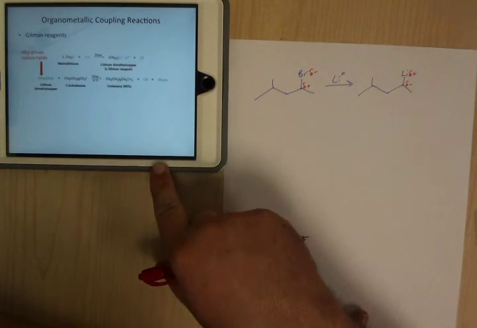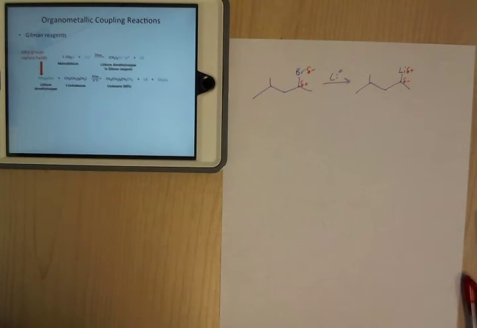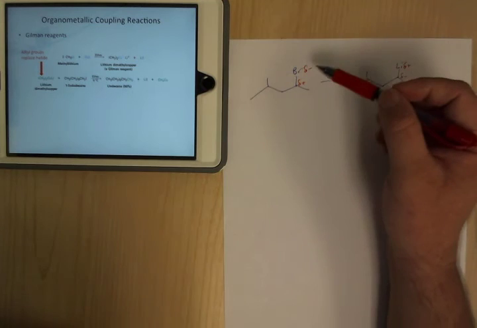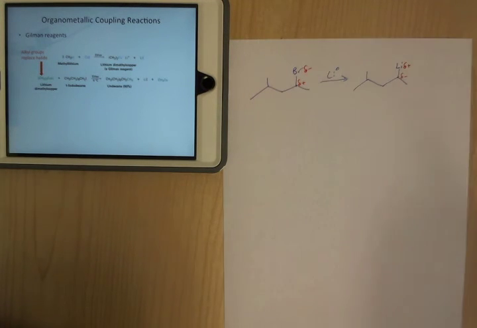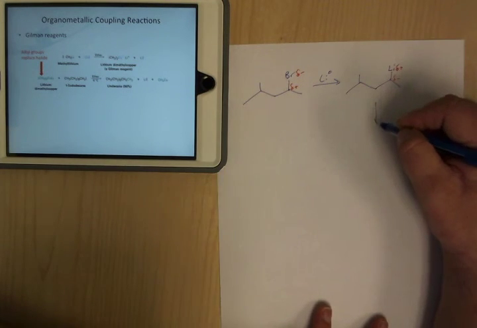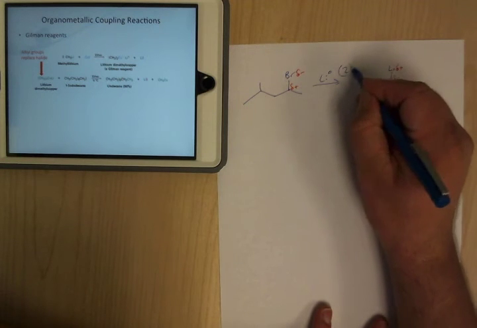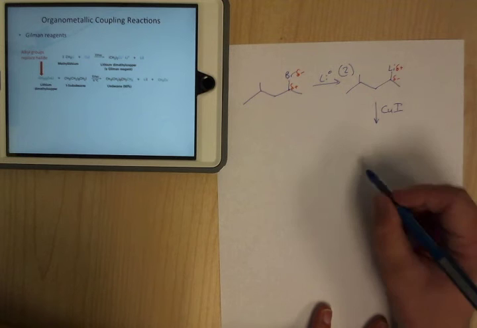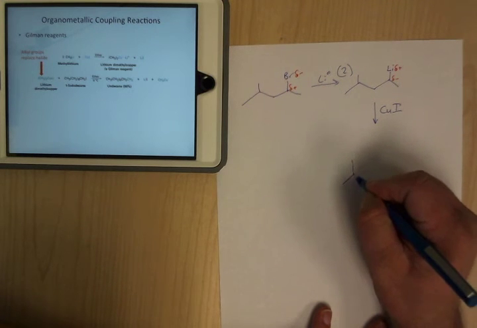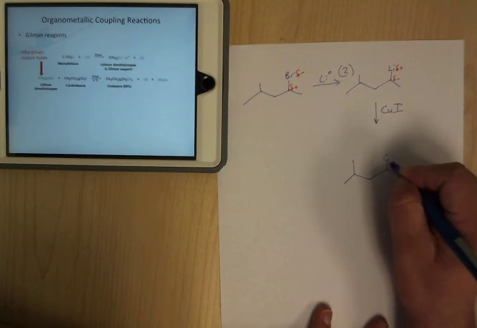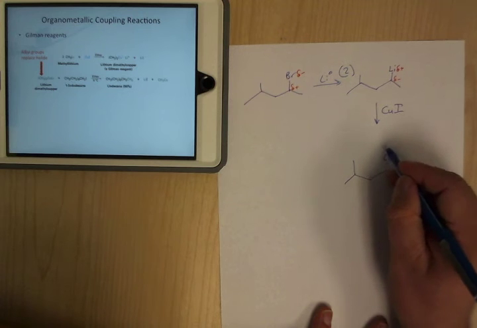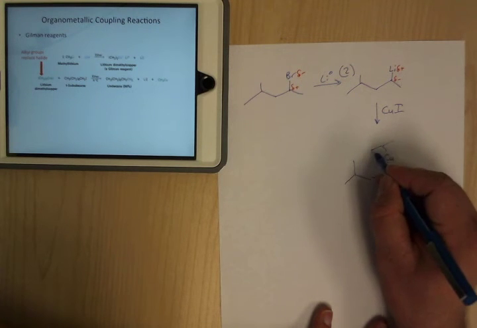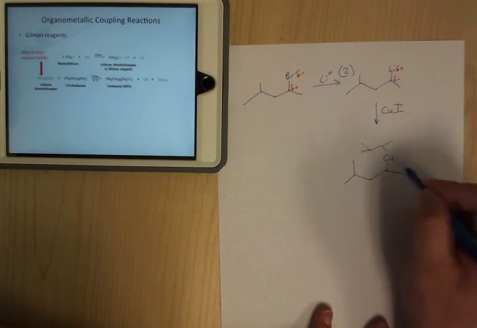The other way you can do this is with what are called Gilman reagents. What they do is insert copper. You actually make them from here, and you need two of these. You add copper iodide, and you end up getting copper replaced here, and then you get a second one added like that.